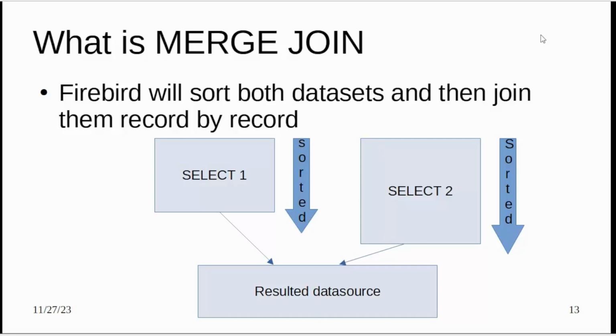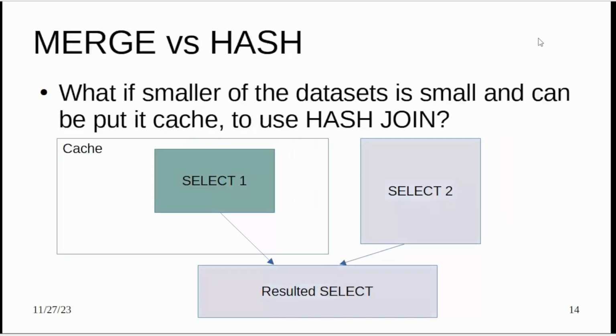However, in 5.3, as we remember, we have the option of using the hash join. For example, if one of these joining data sources is small and another is large, we could use the hash join.